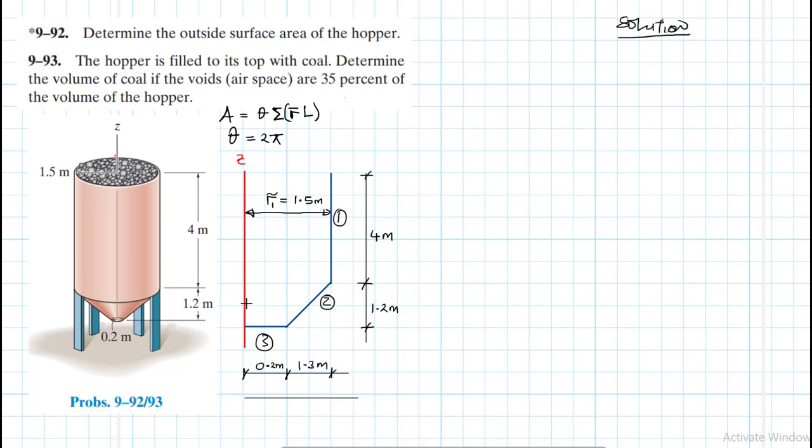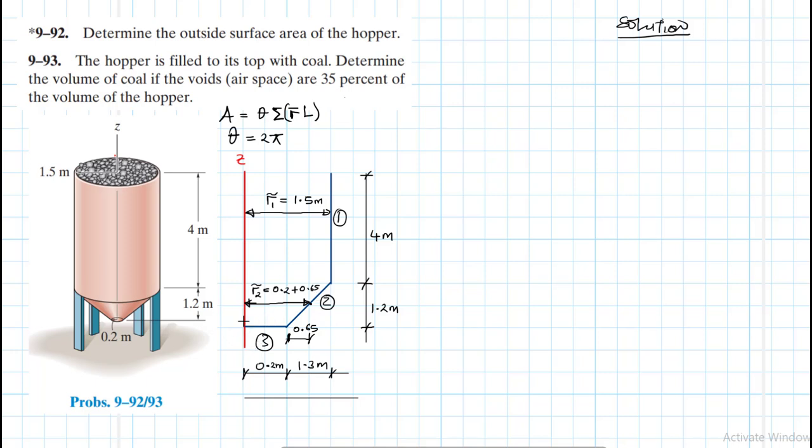So what will be the centroid location perpendicular to the rotational axis? It will be this point here. Mind you, we are looking at this direction from there to there. So this one here is 0.65. So r bar 2 is equal to 0.2 plus 0.65.